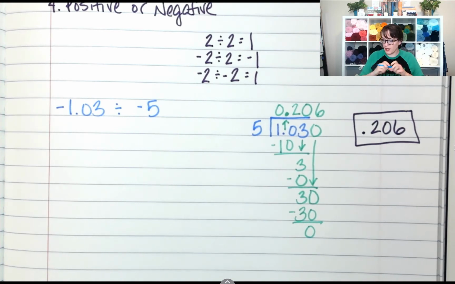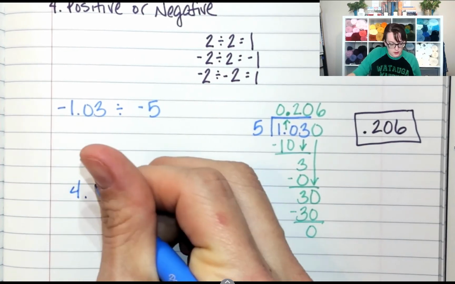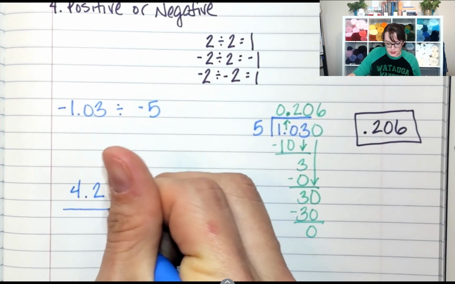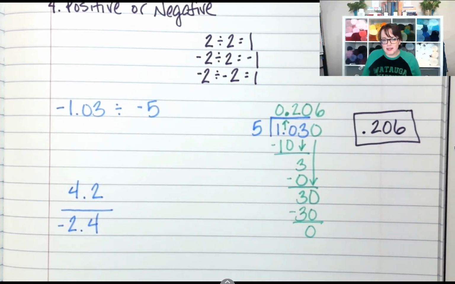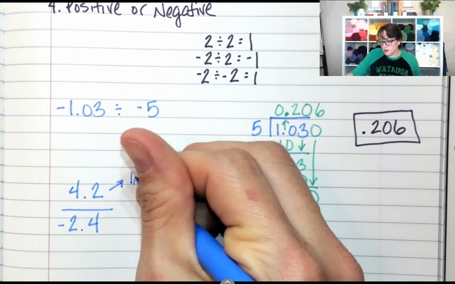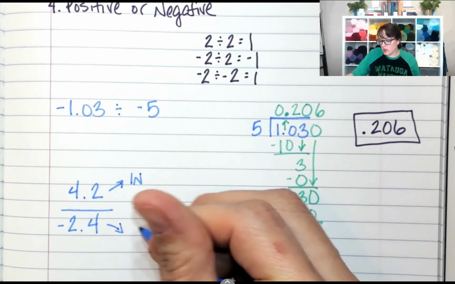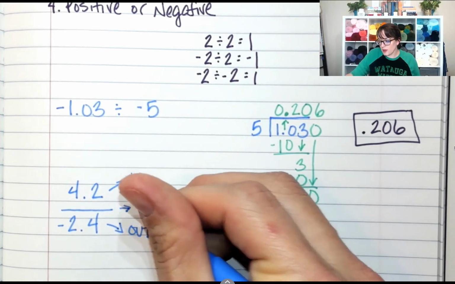This one's for you guys to do on your own. So this one's 4.2 over negative 2.4. This is a different way to show division. This number is going to go in the house, and this one is going to go out. And that line, fractions are just another way to show division.